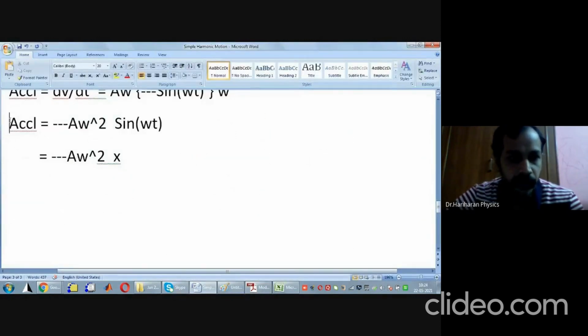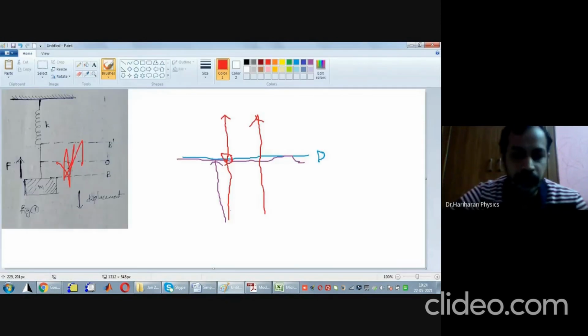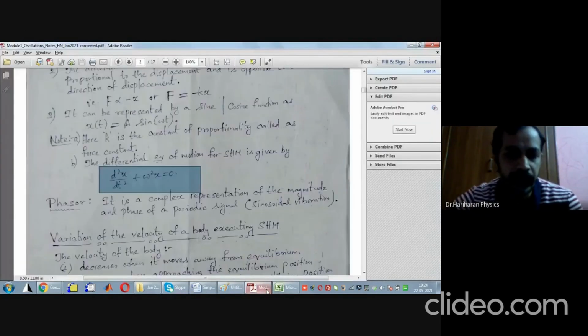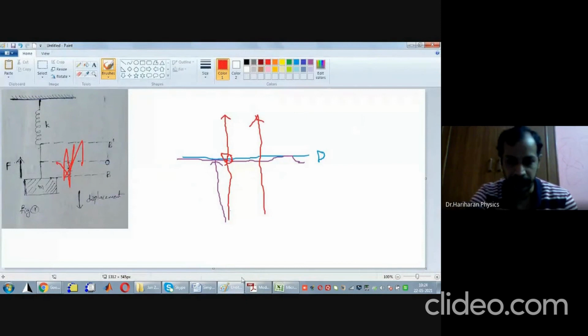Minus omega square, A will not come. Minus omega square times x. So what is the equation of motion for simple harmonic motion? If I start with a sinusoidal signal, its acceleration is given by d square x by dt square equal to minus omega square x, or acceleration plus omega square x equal to 0. That is what I have just derived here.